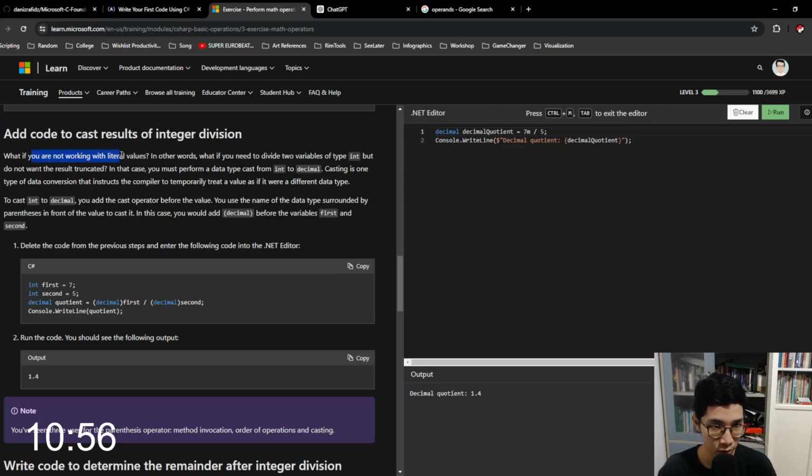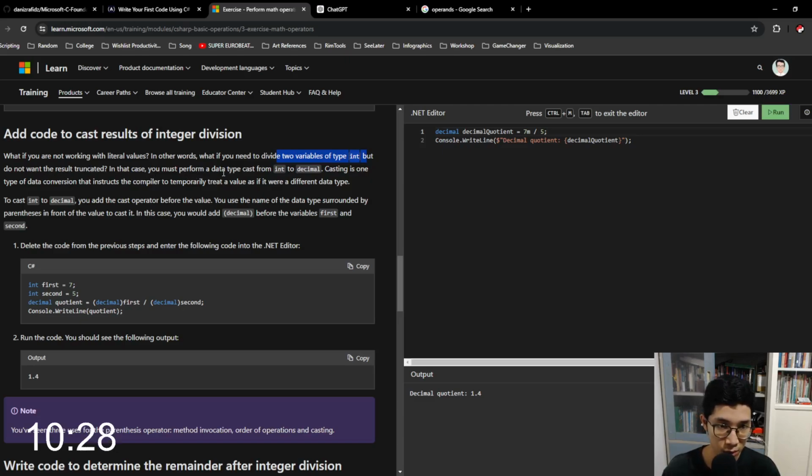What if you are not working with literal values? Okay, what if you need to divide two variables of type integer, but do not want the result truncated?